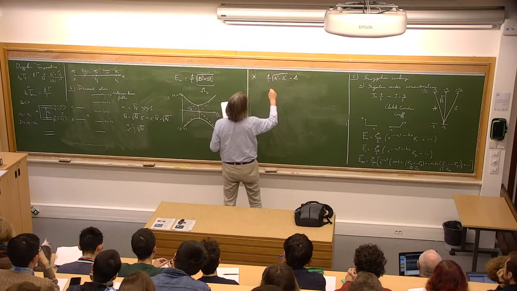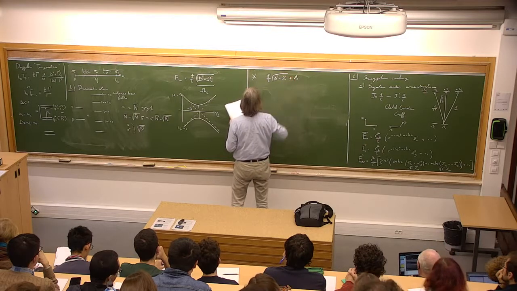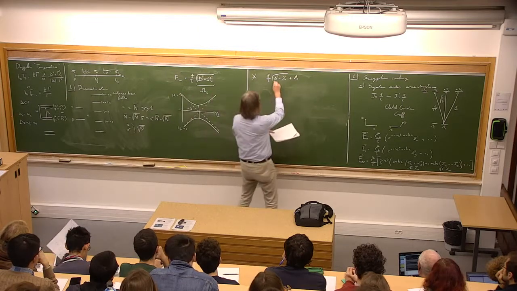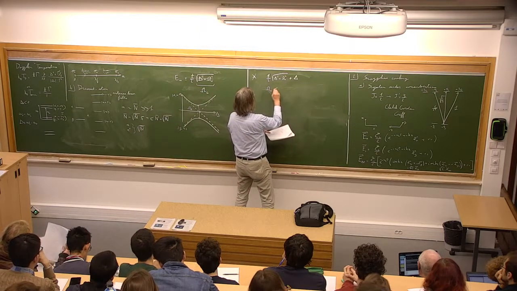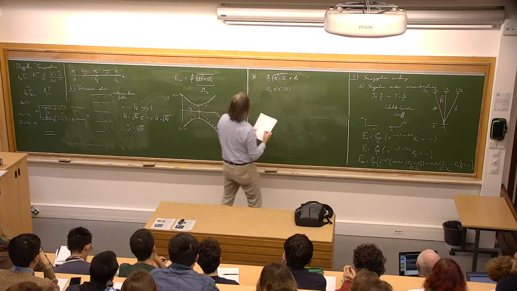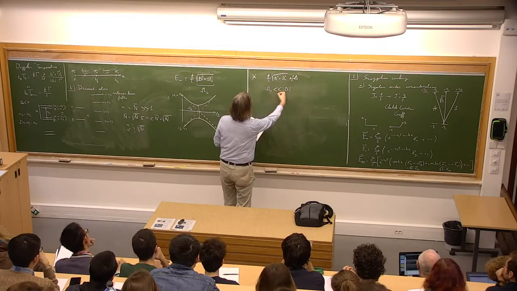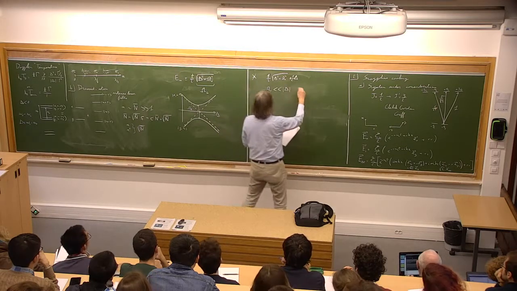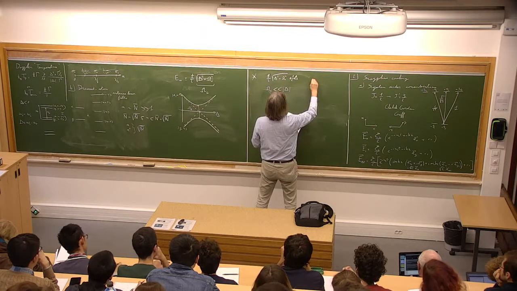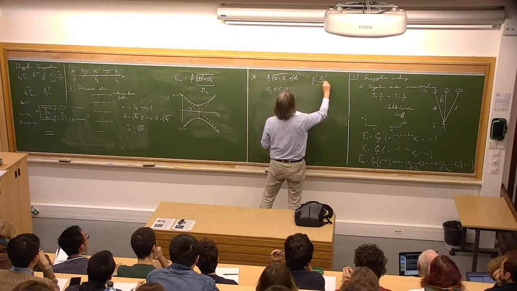As delta is negative, if you want a positive quantity, you have to have a plus here. In the low saturation regime, when omega 1 is smaller than 1/2 of delta, you can make the expansion, and you find that the result is 1/4 of omega 1 squared divided by delta.